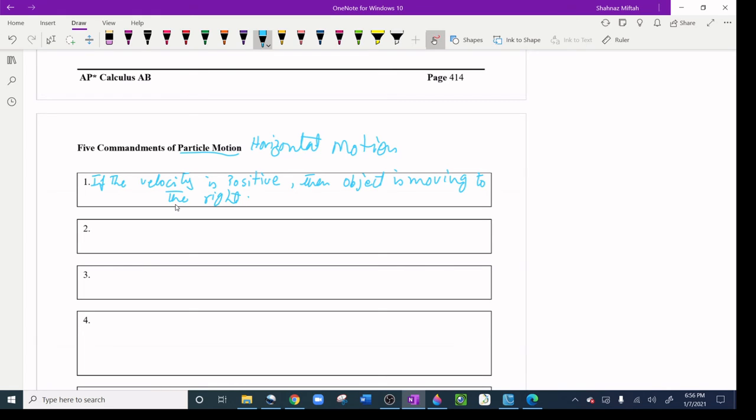Next, if the velocity is negative, like the first derivative is negative, then the object is moving to the left.